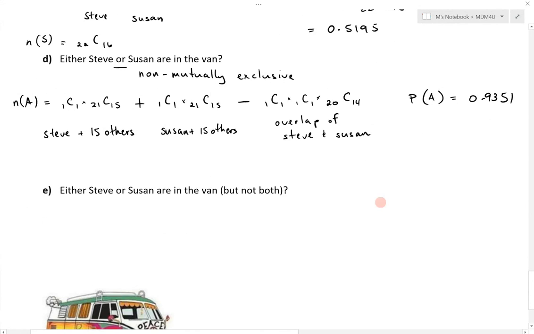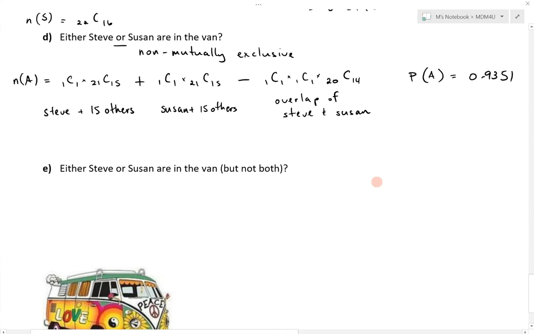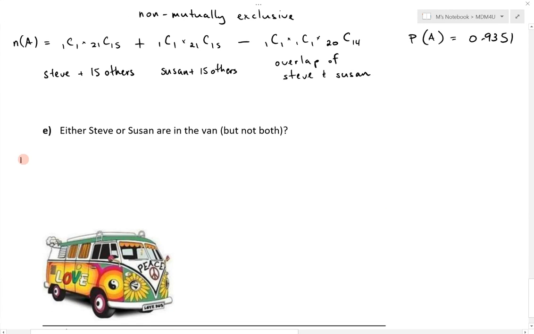In part E, either Steve or Susan are in the van, but not both. So n of A equals 1 choose 1 times 20 choose 15 plus 1 choose 1 times 20 choose 15 again.